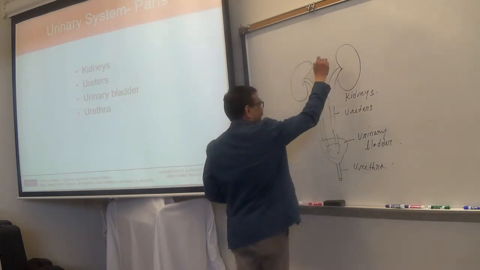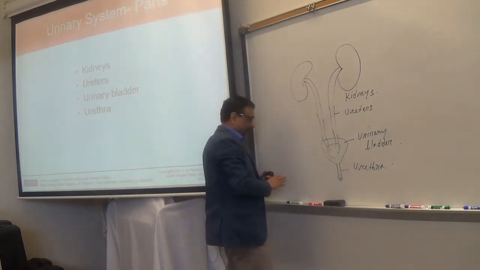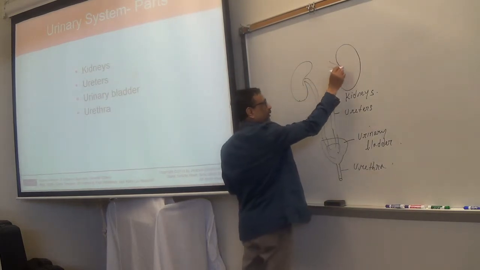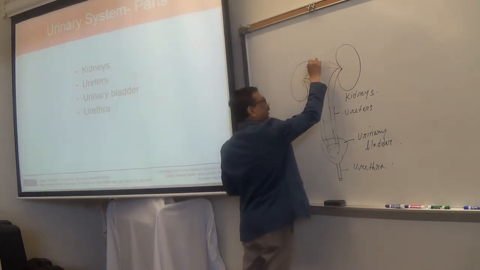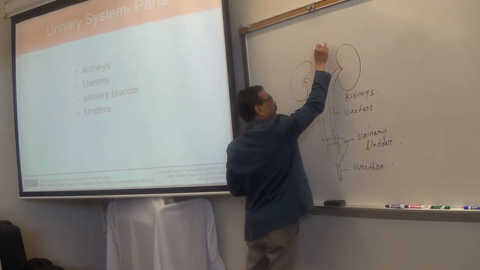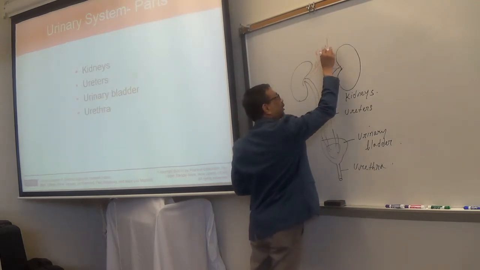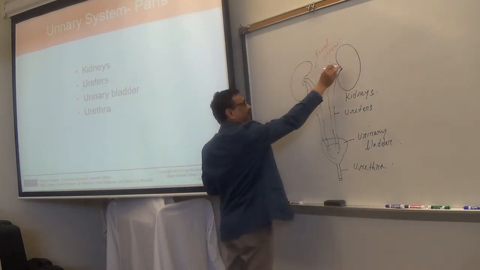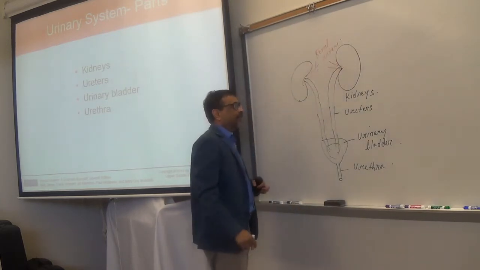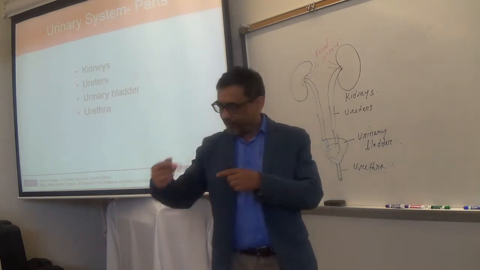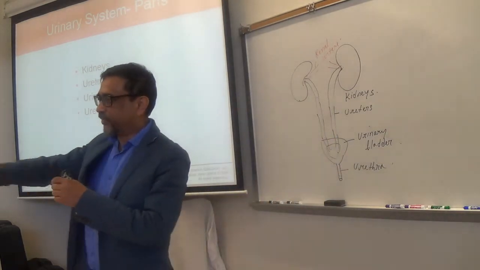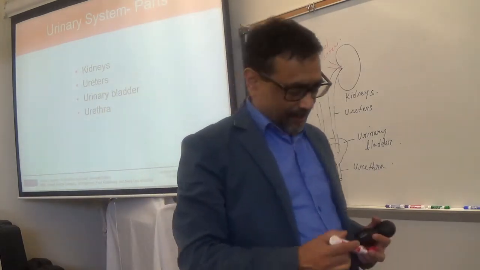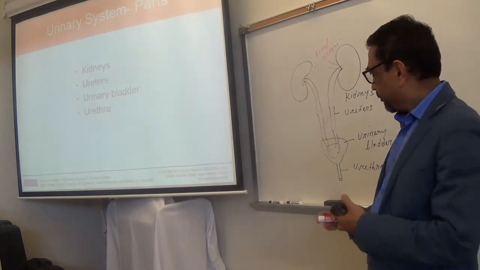So, blood enters into the kidney through the renal artery. A huge amount of blood enters into the kidneys. And then the kidney filters, separates the toxic chemicals from the blood, as well as water.